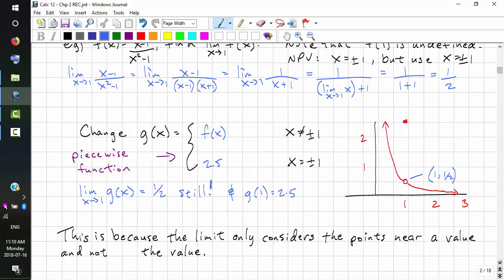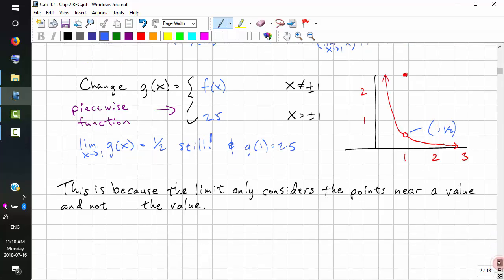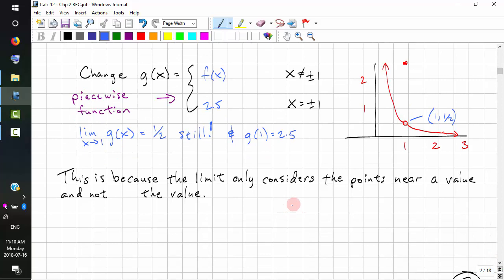Okay, so this is a function with a jump discontinuity. We can redefine it if we want to make this a continuous function. We would say h of x equals, we could say f of x. Sorry, there should be commas here. x does not equal plus or minus 1, and we can make it 1/2 when x equals plus or minus 1.